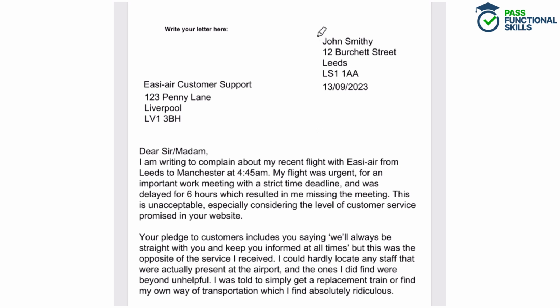You will need the address of the sender in the top right and the date underneath this address. You'll also need the address of the recipient, so the person that you're sending the letter to, and this needs to be just underneath the sender's address and aligned to the left.